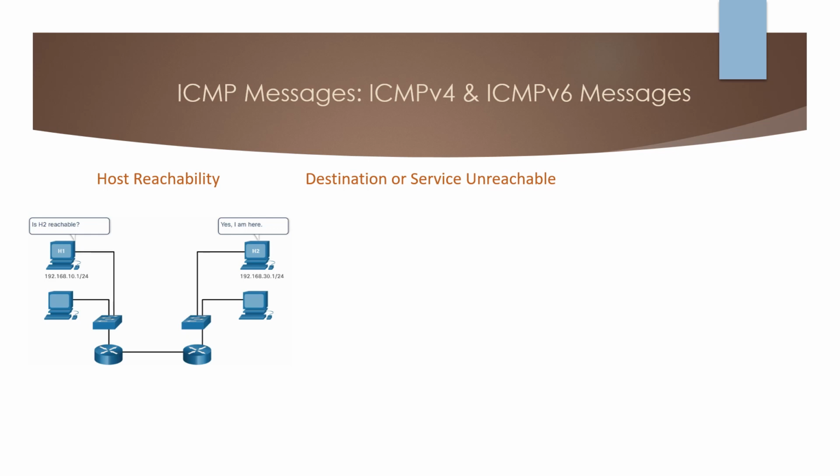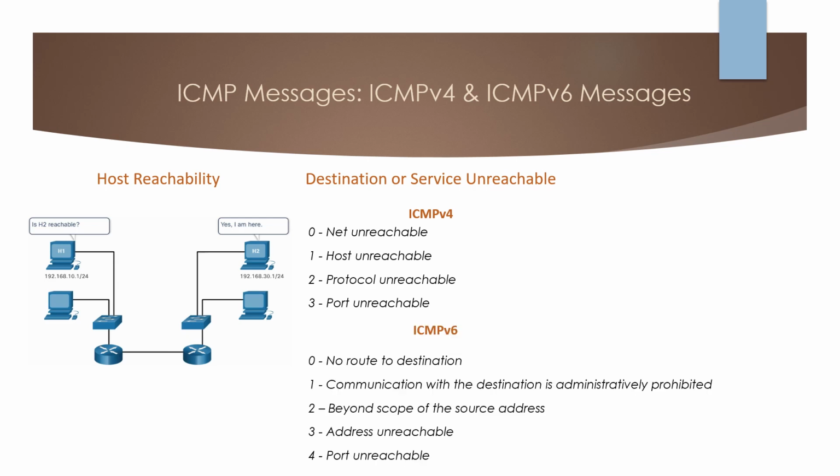This message will include a code that indicates why the packet could not be delivered. Here are listed some of the destination unreachable codes for the Internet Control Message Protocol version 4, and here are listed some of the destination unreachable codes for Internet Control Message Protocol version 6.